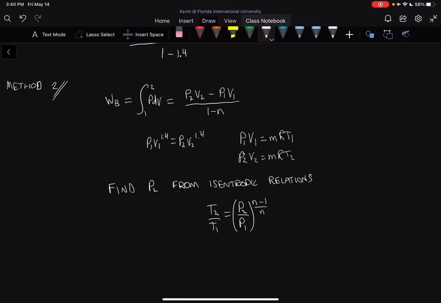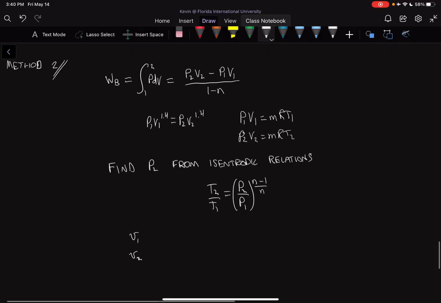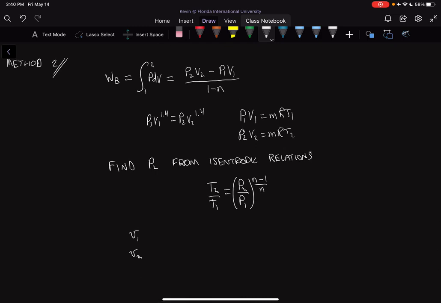Once we find the pressure, we could then find V1 and V2. And we could then find V1 and V2 from our ideal gas equations. And I should write this as capital V1, capital V2.